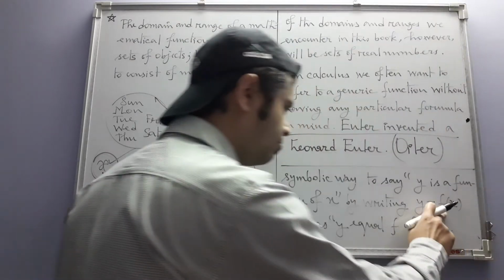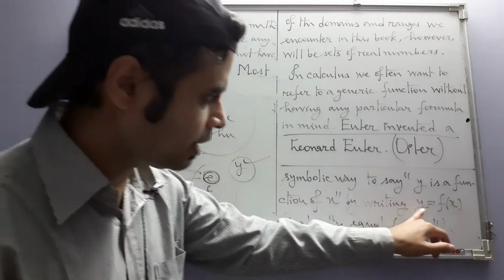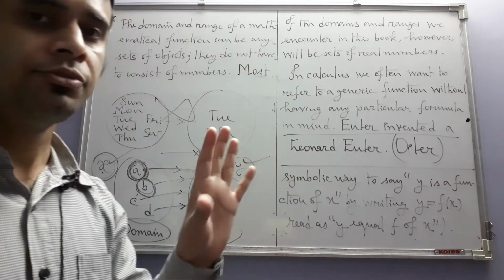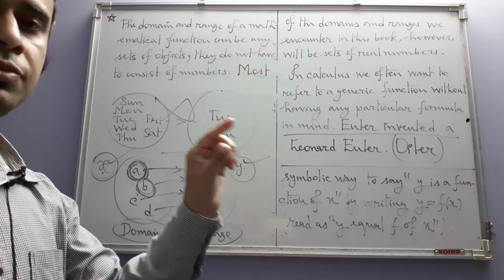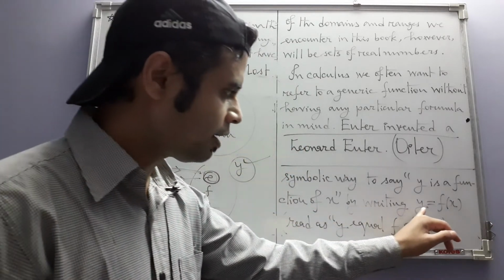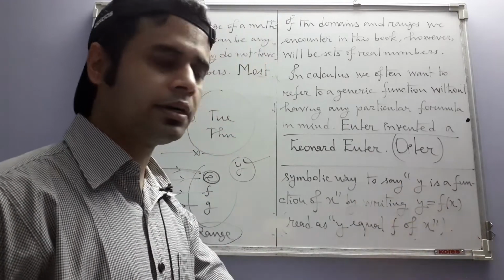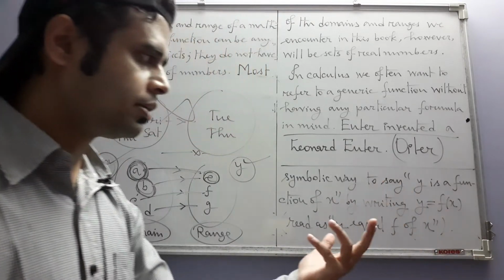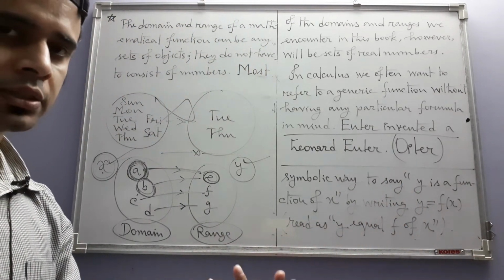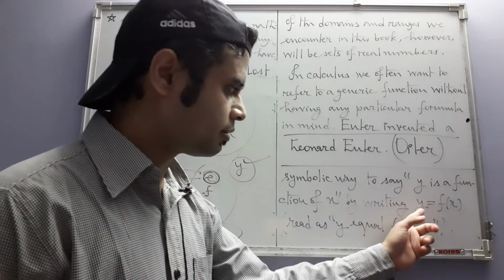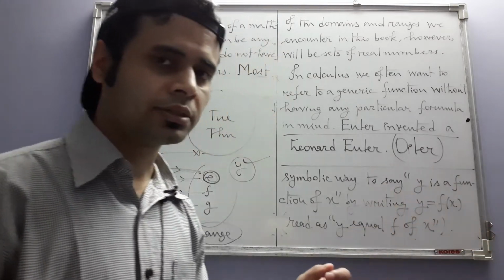And the f we see here, just like x and y, is not fixed. The letter f is not fixed. In fact, sometimes we will use other letters also, particularly when more than one function is involved. Like say y is a function of x.